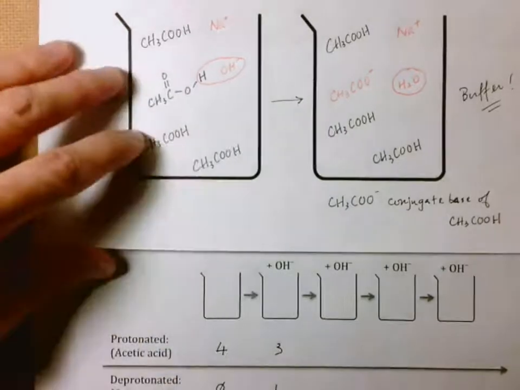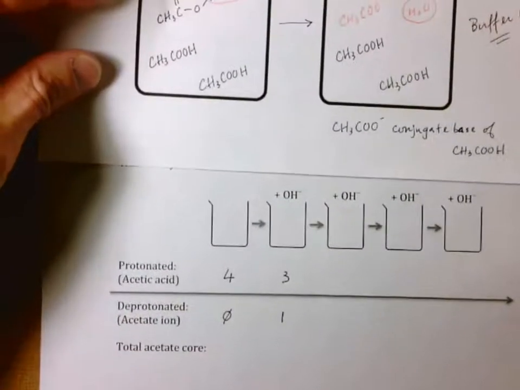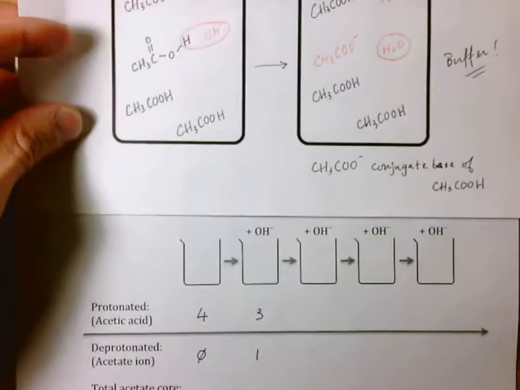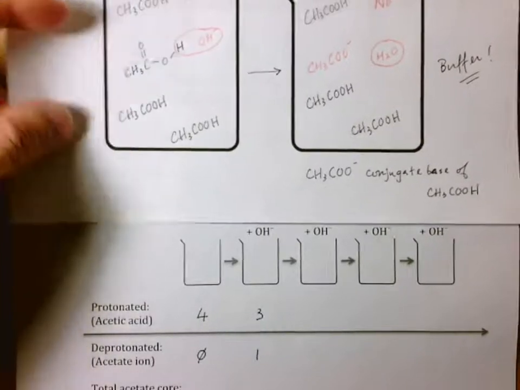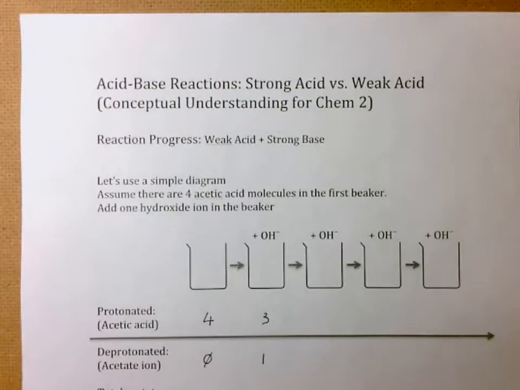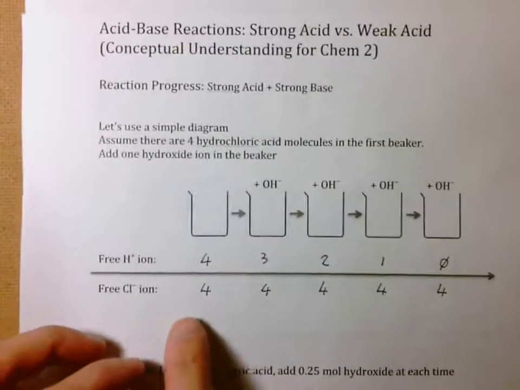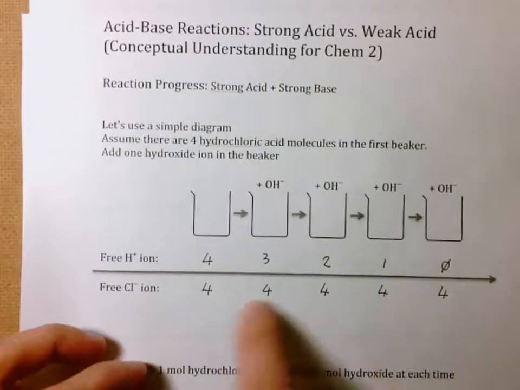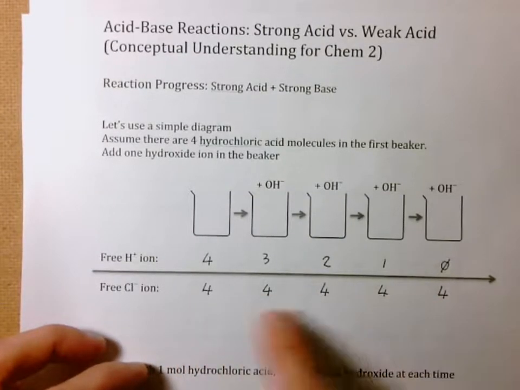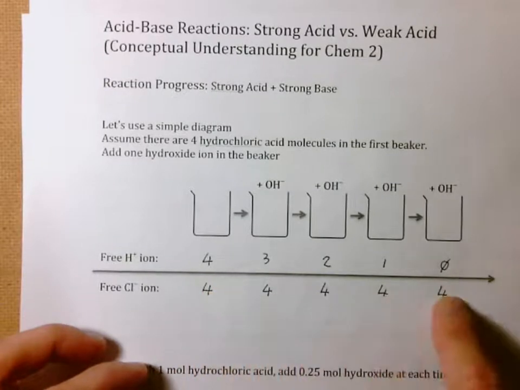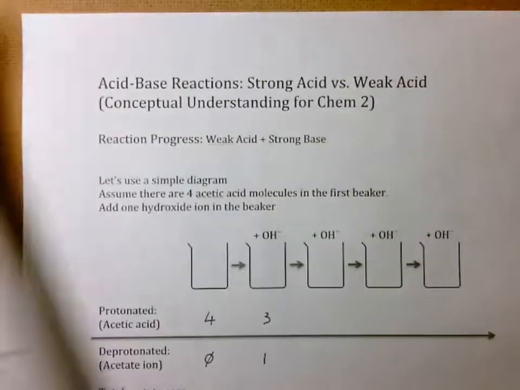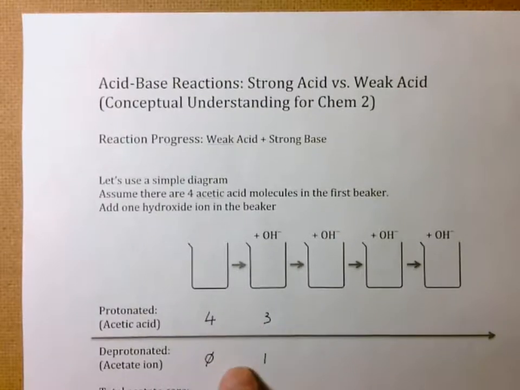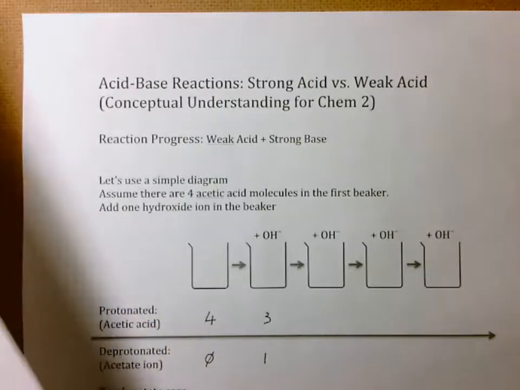It is different from the strong acid. Strong acid, the free anion, always the same, and it has all of it from the beginning, and it never changes. Weak acid is changing. What does it change to? It actually changed to the deprotonated form.